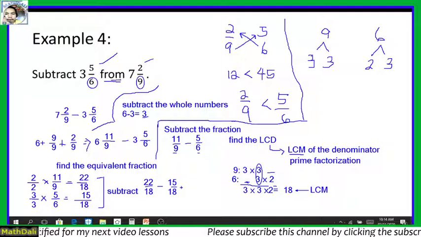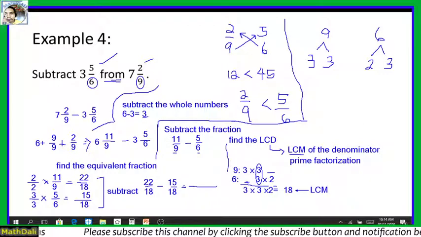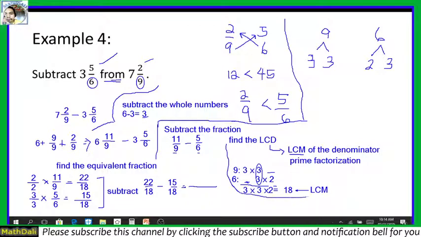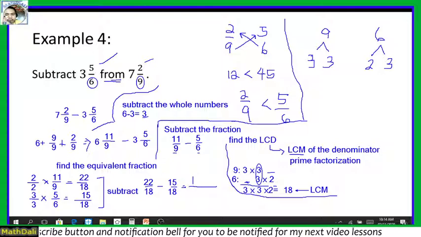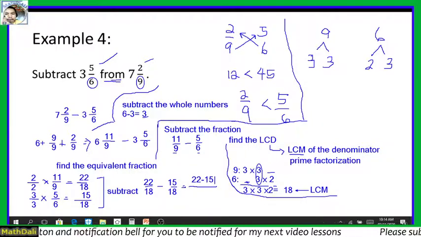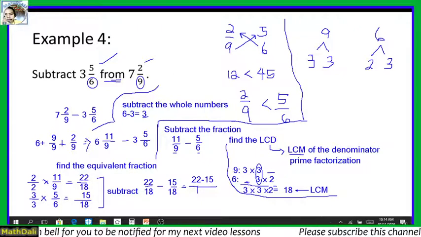Okay, so since parehas naman na yung denominator or similar naman na yung fraction natin dito, pwede na natin i-subtract yung numerator natin. Tapos kopyahin na lang yung denominator. That will be 22 minus 15 over yung denominator natin, that is 18.